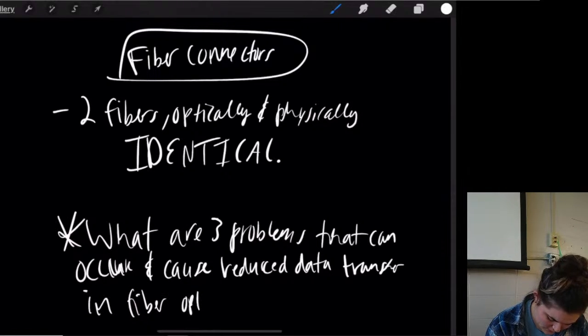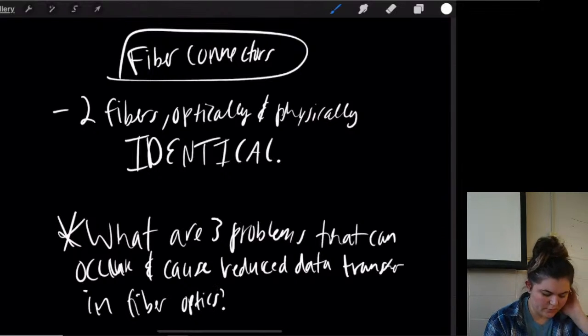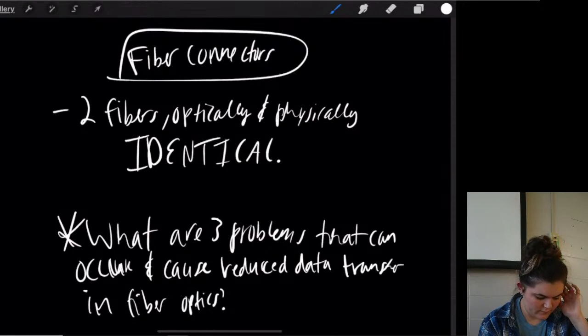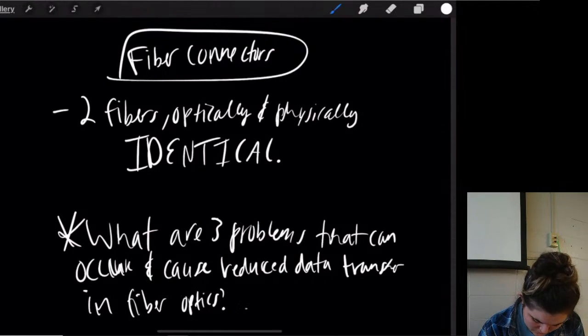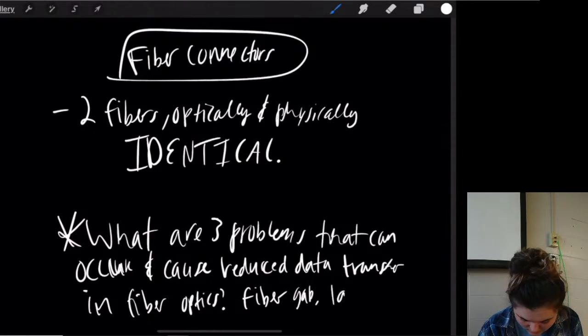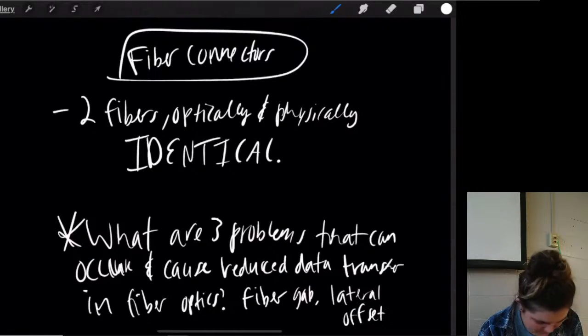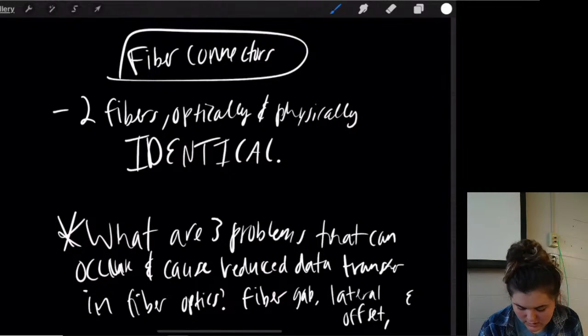So we just read it, and the answer would be fiber gap, lateral offset, and angular misalignment. And that'll probably be a question on the test too.